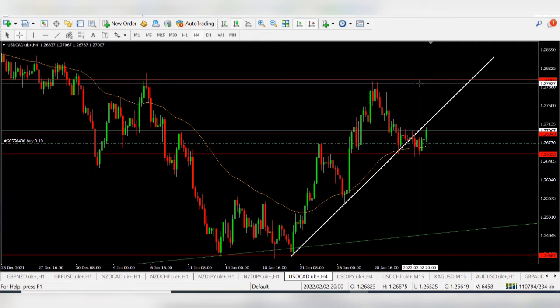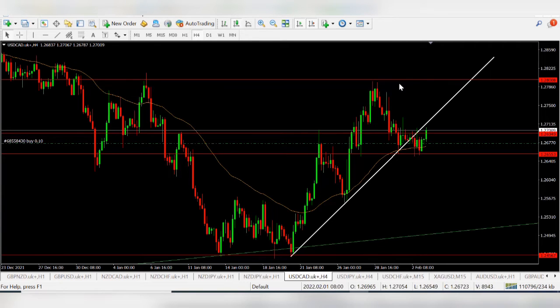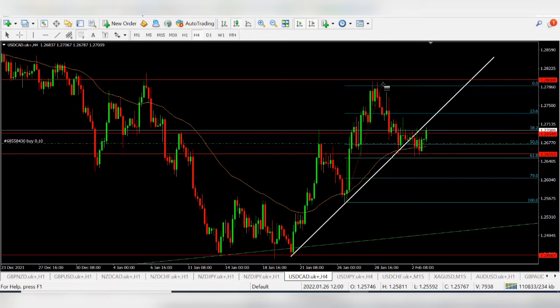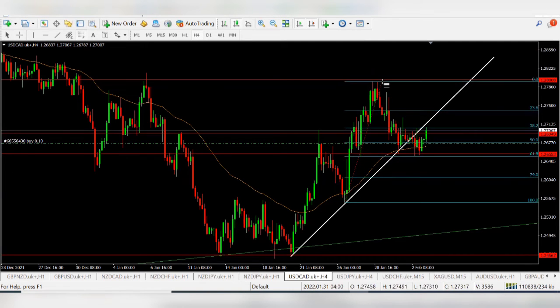But something interesting, see how we add the confluence on the daily charts. One of the reasons why I'm also strong on this particular bullish bias is that the Fibonacci level sits pretty well on that support level.